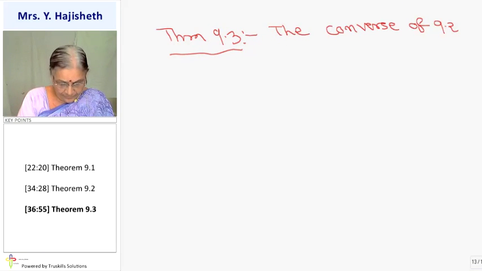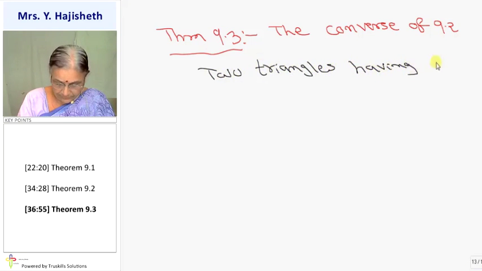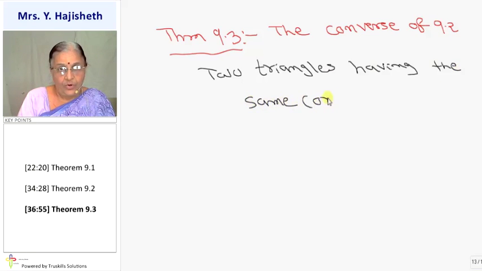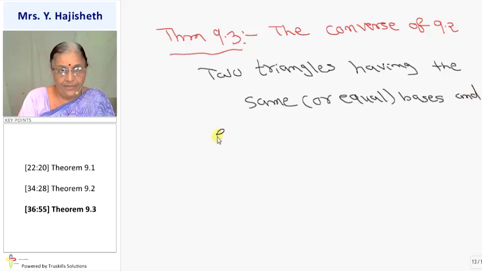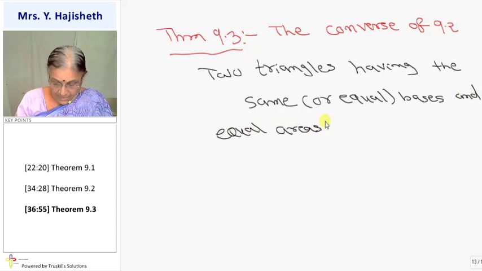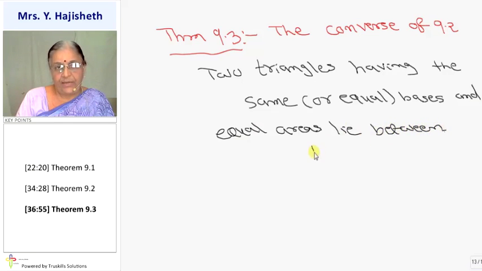It says two triangles having the same or equal base and equal area lie between the same parallels.